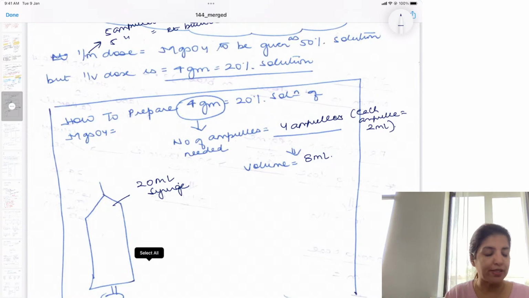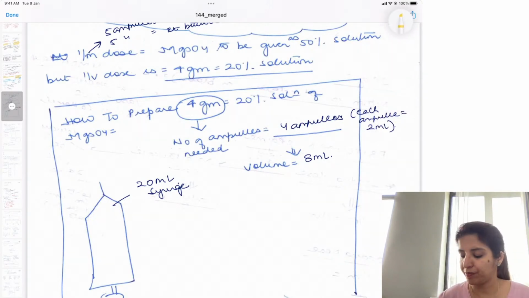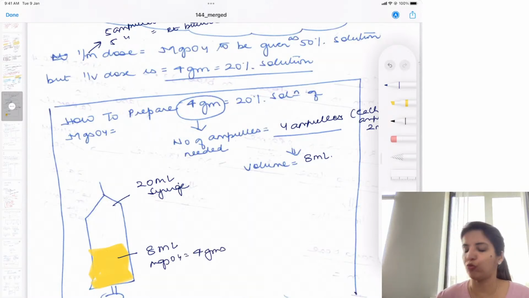In this 20 ml syringe, I am going to add these 4 ampules of magnesium sulfate, that is 8 ml of magnesium sulfate. So I have added these 4 ampules. So this is 8 ml magnesium sulfate.